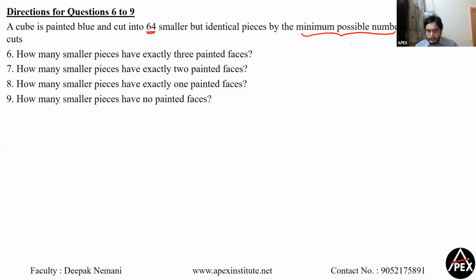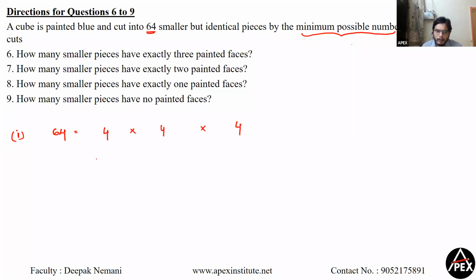Before starting this question, first thing I want you to do is identify the minimum number of cuts required to cut a cube into 64 pieces. That should be our first step. 64 is a cube of 4, right? So I can split into 4 into 4 into 4.